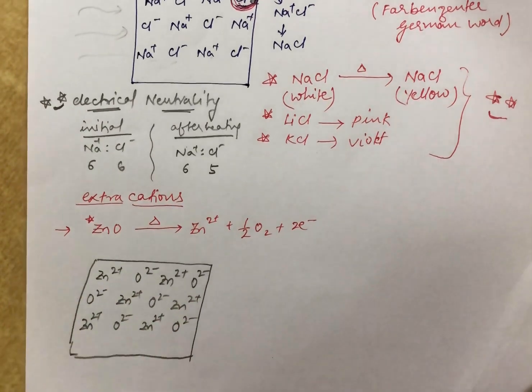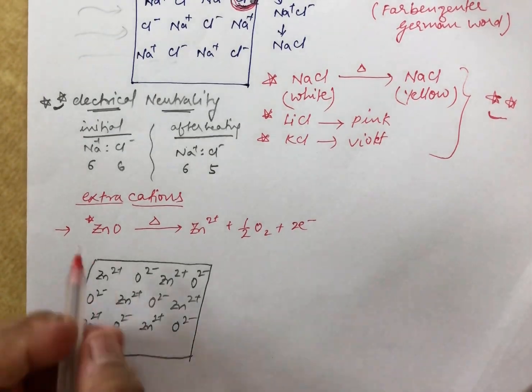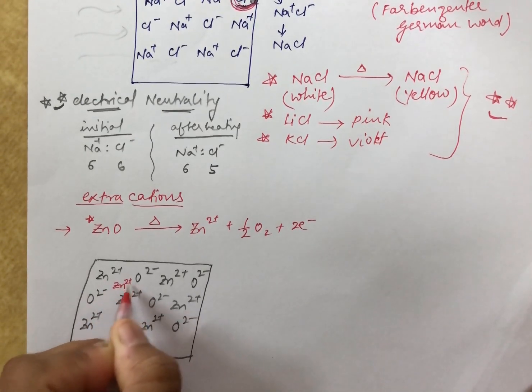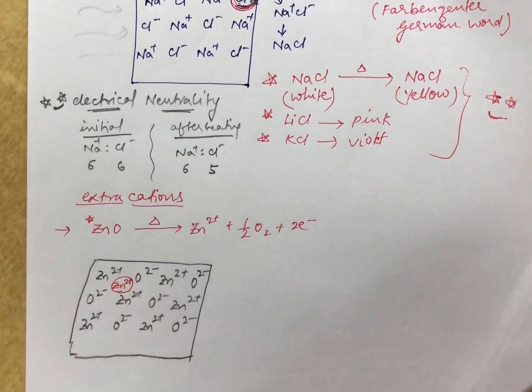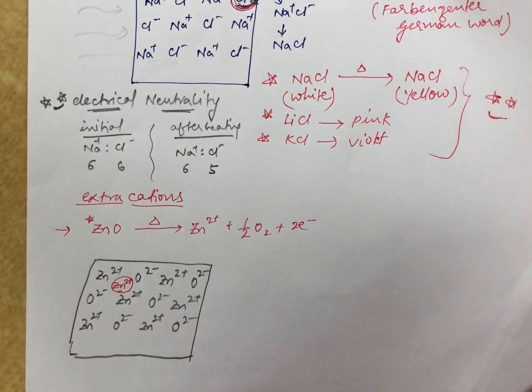Okay, I have just shown you the crystal. Now, extra cations here indicate that from the normal crystal, this particular Zn2 plus occupies its place at the interstitial positions. This is an extra cation which is entering the interstitial space.